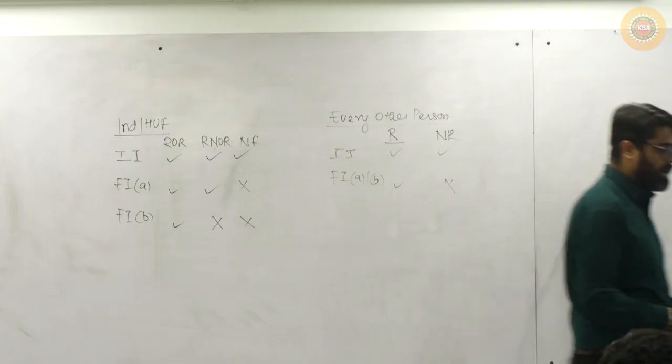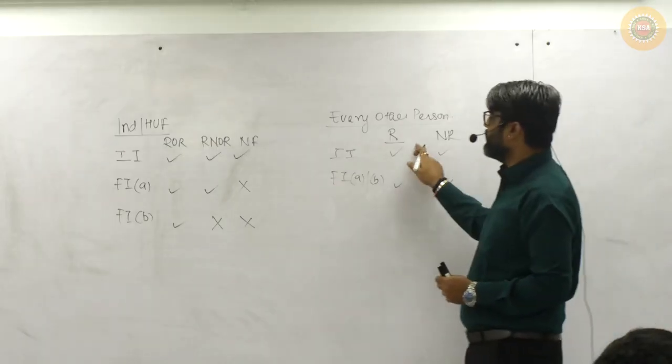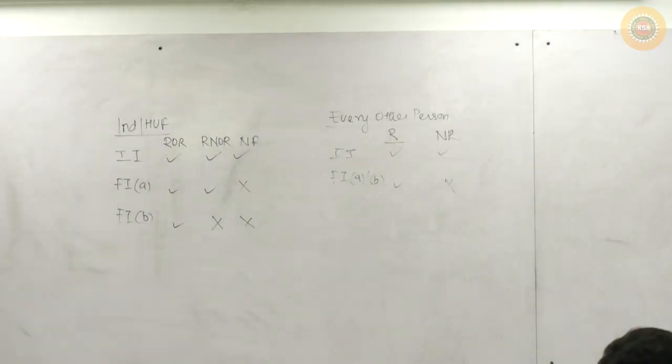Okay, no? Now pay attention. First of all, we'll understand how to determine the residential status for different types of assessees. Okay, so tell me the residential status of what? Individuals. Then residential status for HUF.